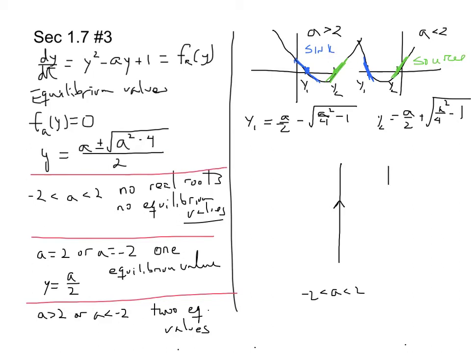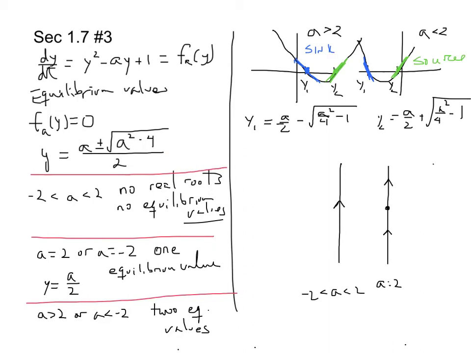When we reach the value of a equal to 2, we introduce one single node, equilibrium value. And if I were to look at the graph of such a function, I would see that I'm increasing. I have positive slopes in both cases, and it looks like this.